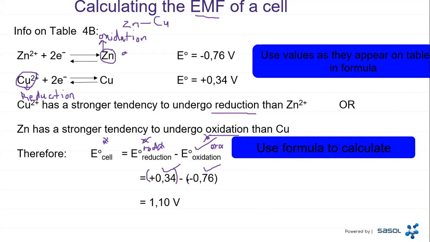That's another mark, and then the value is 1.10 volts. And we know this value is positive. Because of this positive value, we then know that, yes, chemical energy was converted to electrical energy. And we know again that this reaction is spontaneous because the EMF of the cell is positive. Good.